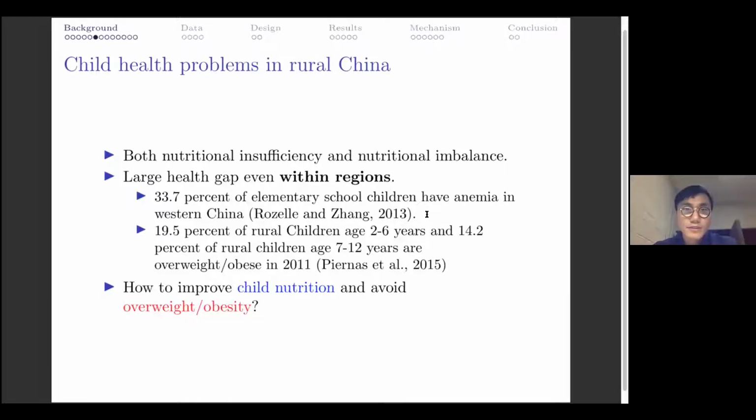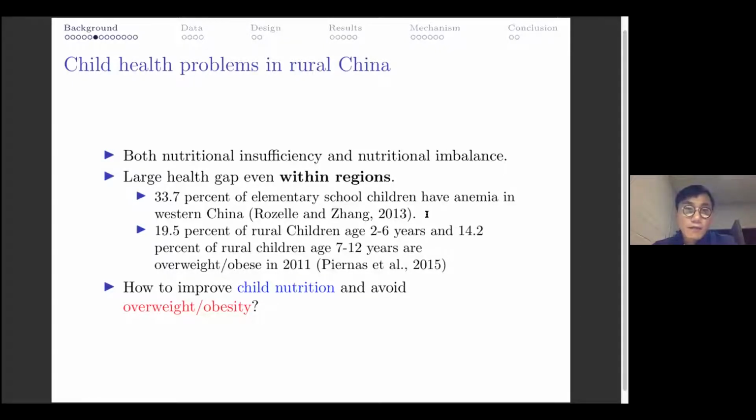about child health. Another fact that has not been talked about much in previous studies is that there are even large health gaps within regions. For example, a recent study in 2013 by Rozelle and John finds that 33% of elementary school children have anemia in Western China.